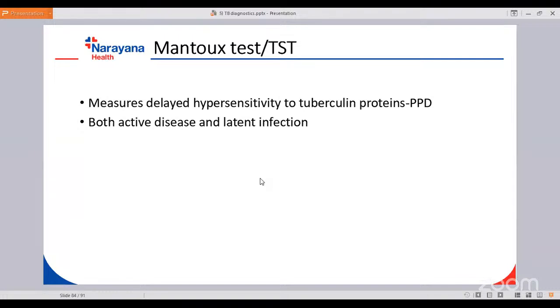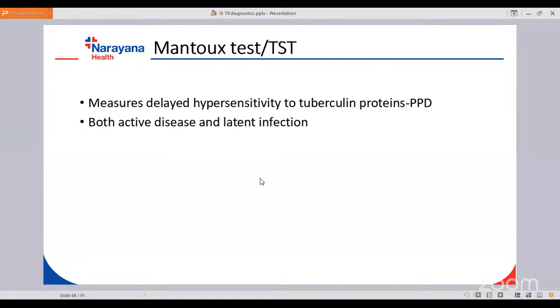Coming to tuberculin skin test, a very common test loved by most clinicians and general practitioners. It measures delayed hypersensitivity to the tuberculin proteins. But one important message that I want to give you for tuberculin skin test is that it picks up both active disease and latent infection. As I have stated earlier, latent infection is found in one-third of us.